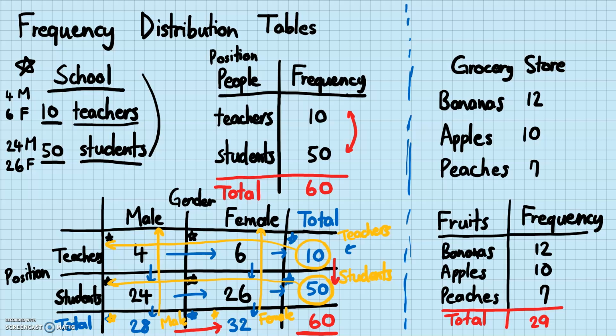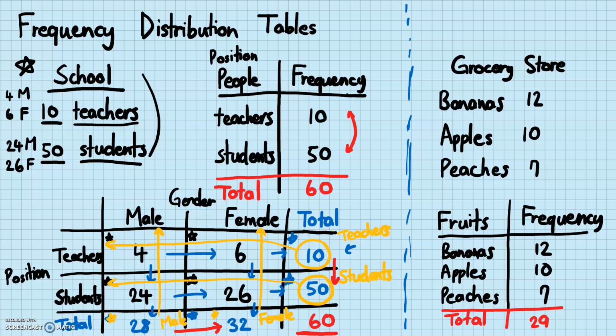But some people do 60 this way and then 60 that way, so they add the two 60s together. Don't do that. Just add one column or one row. You can add the column and get the number, and check if you got the number right by adding the rows. Okay, you should get the same number, either by adding the column or the row.